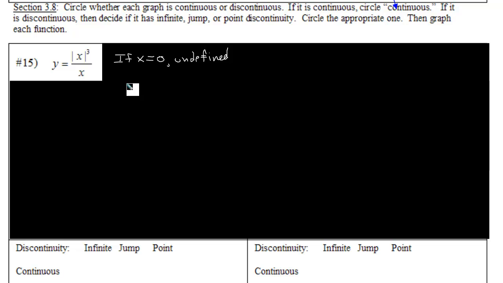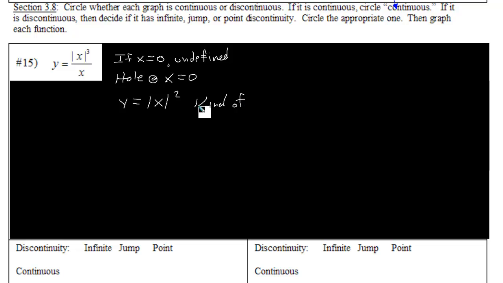You're going to listen to me talking in circles quite a bit on this problem. So we have a hole on this problem at x equals 0. If you cancel that, you'd be left with y equals the absolute value of x squared, kind of.